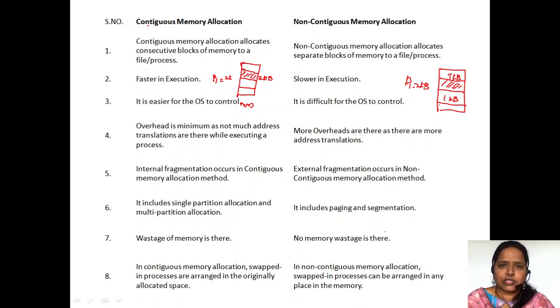Here there is no restriction to allocate continuously in sequence order. That is the major difference between contiguous and non-contiguous. Contiguous is faster in execution. Why? If I want to execute P1, all the P1 instructions are at one particular place, so starting from that block and ending at that block, I can execute it faster.